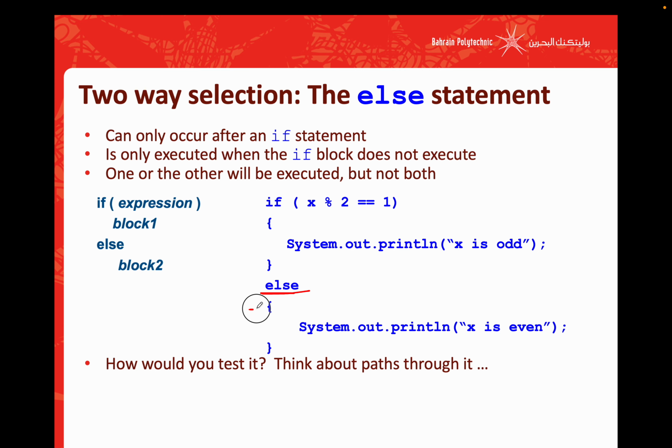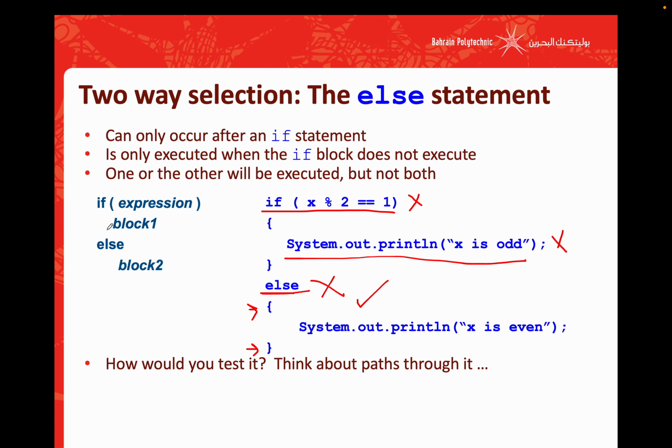The only thing it has is the braces, similar to if. What happens is it checks if this condition is true. If the condition was true, the statement in the if block is executed and the else part is skipped. But if this condition was false initially, the if part is skipped and everything in else is executed.